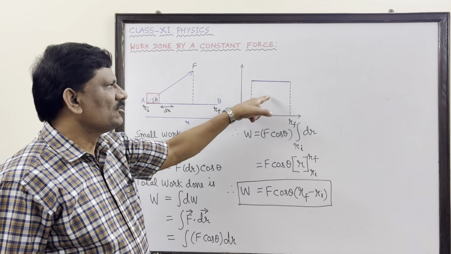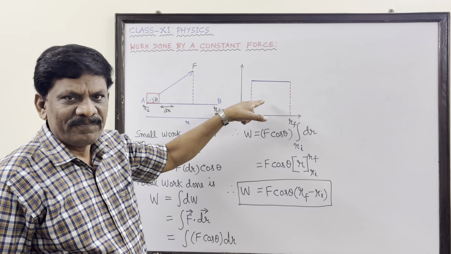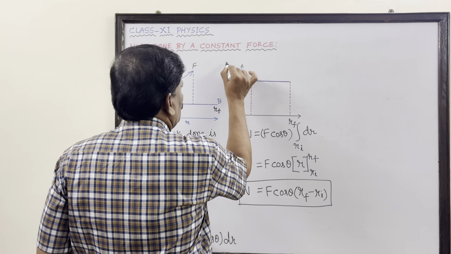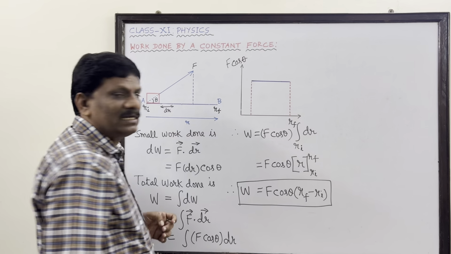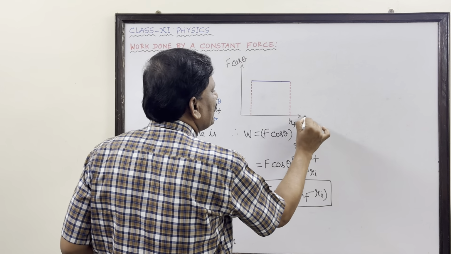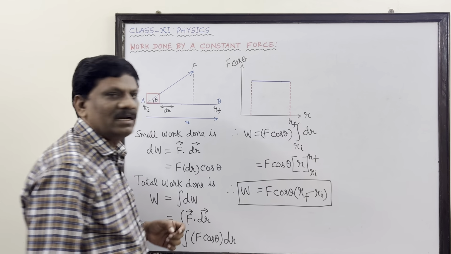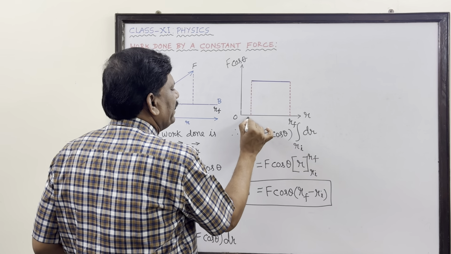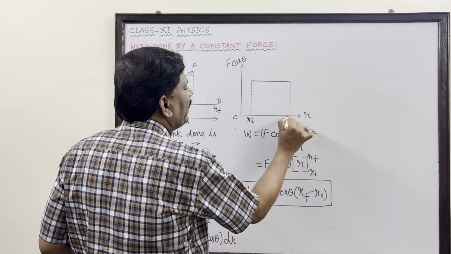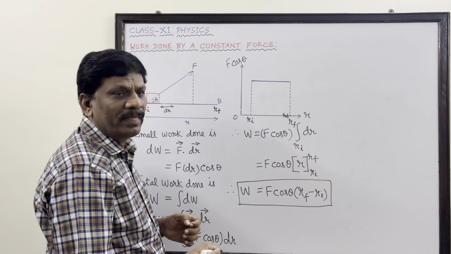Now the same can also be represented by a graph. So the y-axis is F cos theta, which is a constant, and this is the displacement r. Now the displacement changes from initial value Ri to a final value here Rf.